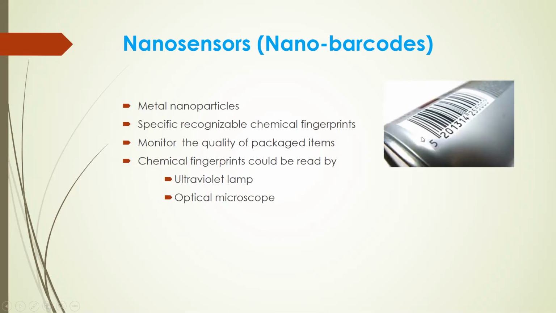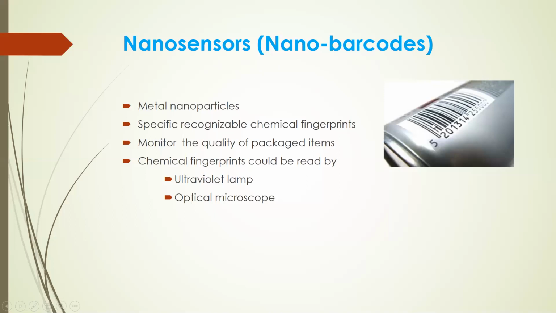So whenever this barcode is read, you can see the price of that specific item on the screen. In a similar fashion, we can use nano barcodes. These nano barcodes, exactly like the traditional barcodes, would be fingerprints on the food items.